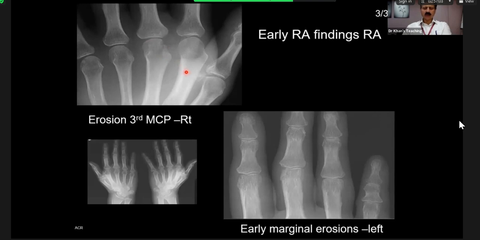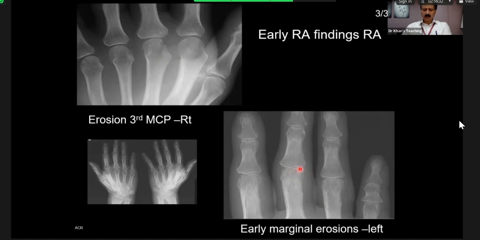So the metacarpophalangeal joint is affected. On the other hand, this is the proximal interphalangeal joint. And you can see on this digit, there is a bit of soft tissue swelling. Please remember that soft tissue swelling is a key thing to pick up in the exam. And that will be an indicator to look for something.